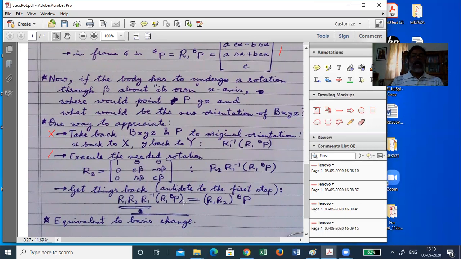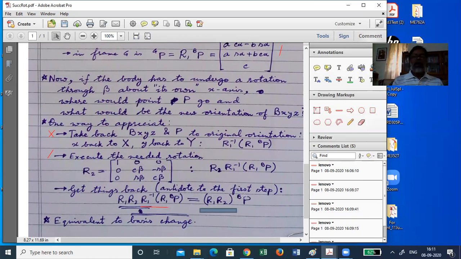Okay. And now you open it, and when you open that, you get R1 inverse R1, which is identity. So that condenses out, and as a result, you get R1 R2 applied on BP.